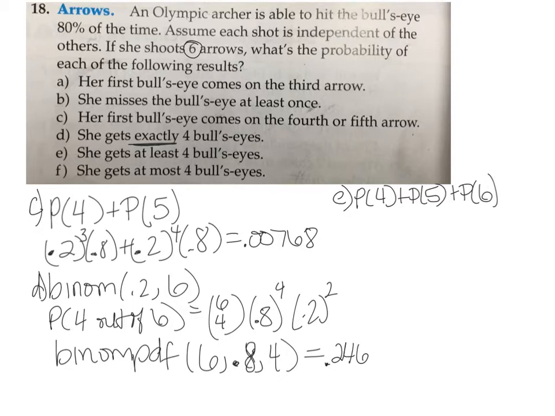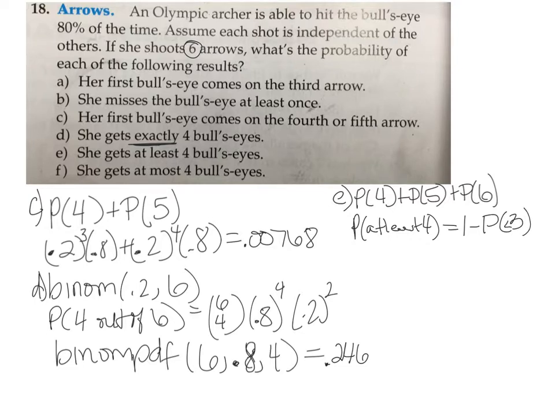So I can plug all 3 of these into my binomial equation and add them up, but that ends up being a lot of work. So what we did was we said the probability of at least 4 is equal to 1 minus the probability of 3 or less.